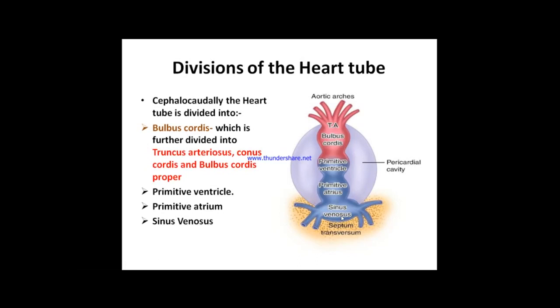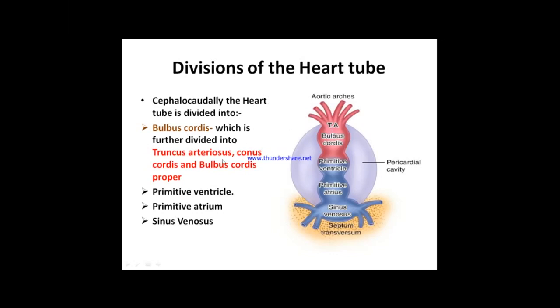So again, coming back to these divisions of the heart tube, as already discussed, from above downwards we have the bulbus cordis, primitive ventricle, primitive atrium, sinus venosus. We already discussed that the bulbus cordis is further divided into the uppermost part, the truncus arteriosus, from which the outflow channels, that is the pulmonary trunk and the aorta, develop.